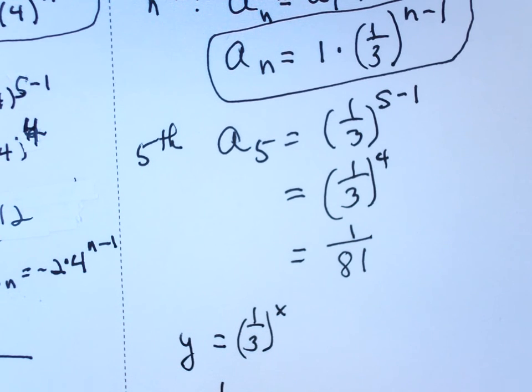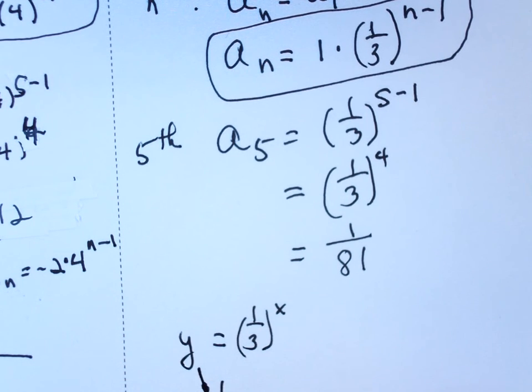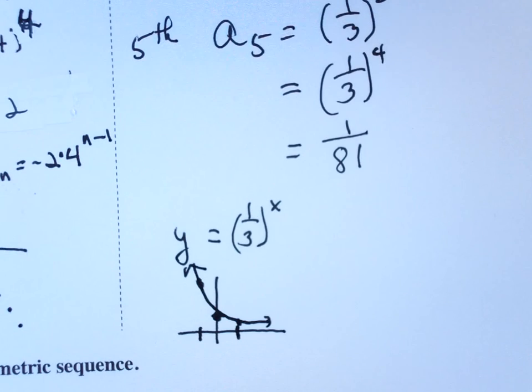If x equals -1, y equals 3. If x equals 1, y equals 1/3. This is the guy that looks like this. So if x gets bigger, y gets what? Smaller.